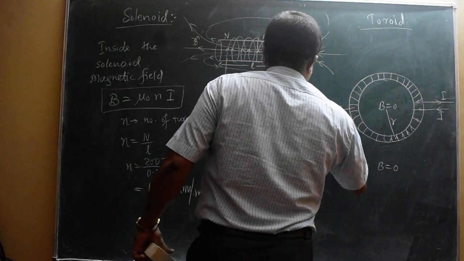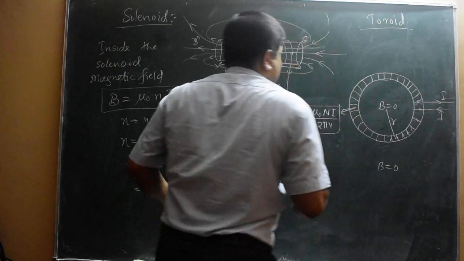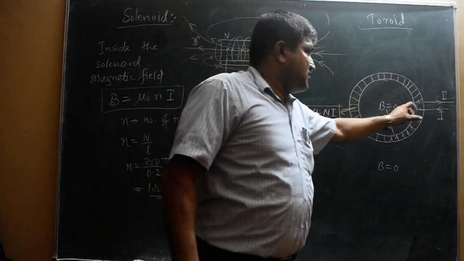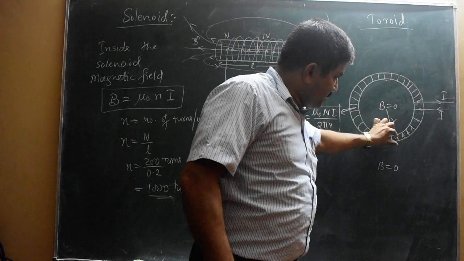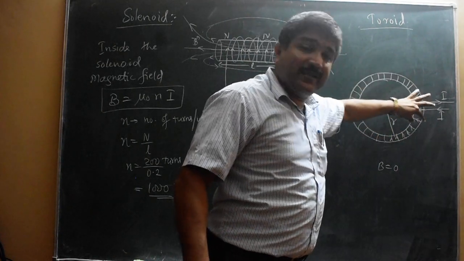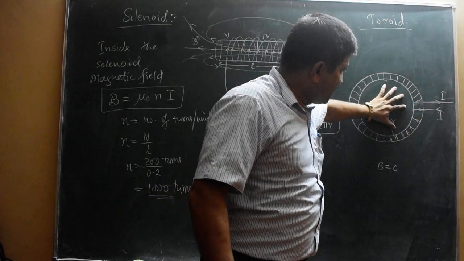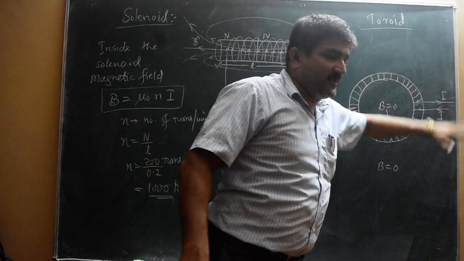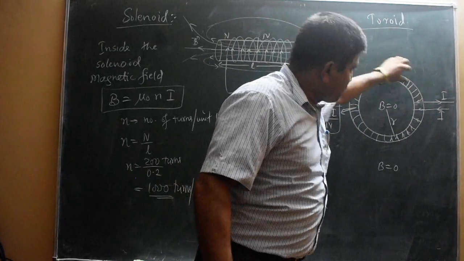This is the magnetic field in the tubular region of the toroid. Tubular region means only this region of the toroid has a magnetic field. Here the magnetic field is 0, and outside also it is 0, but only in this tubular region.